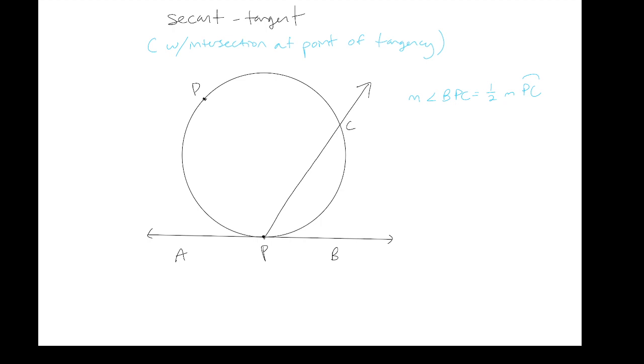We're only intercepting a singular arc here, and then we have PB. That point B is outside of the circle, but this angle is going to have that relationship of 1/2. Now, if I take the major arc with that obtuse angle, the same sort of relationship is going to exist. It's pretty straightforward, so there's not multiple things to memorize. The measure of angle APC is going to be equal to 1/2 the measurement of that major arc PDC.